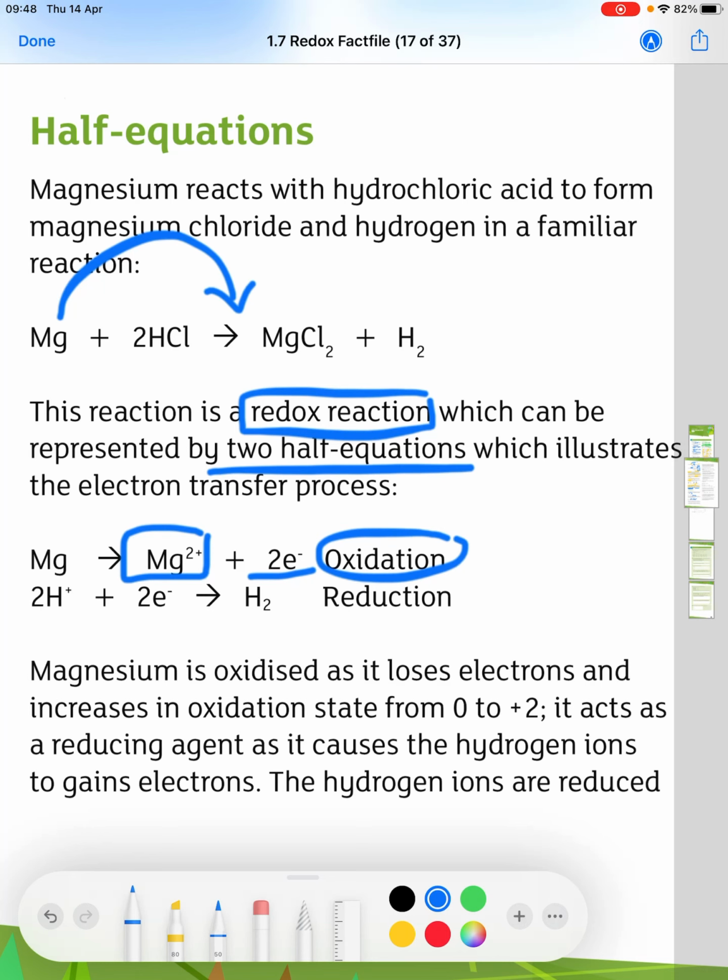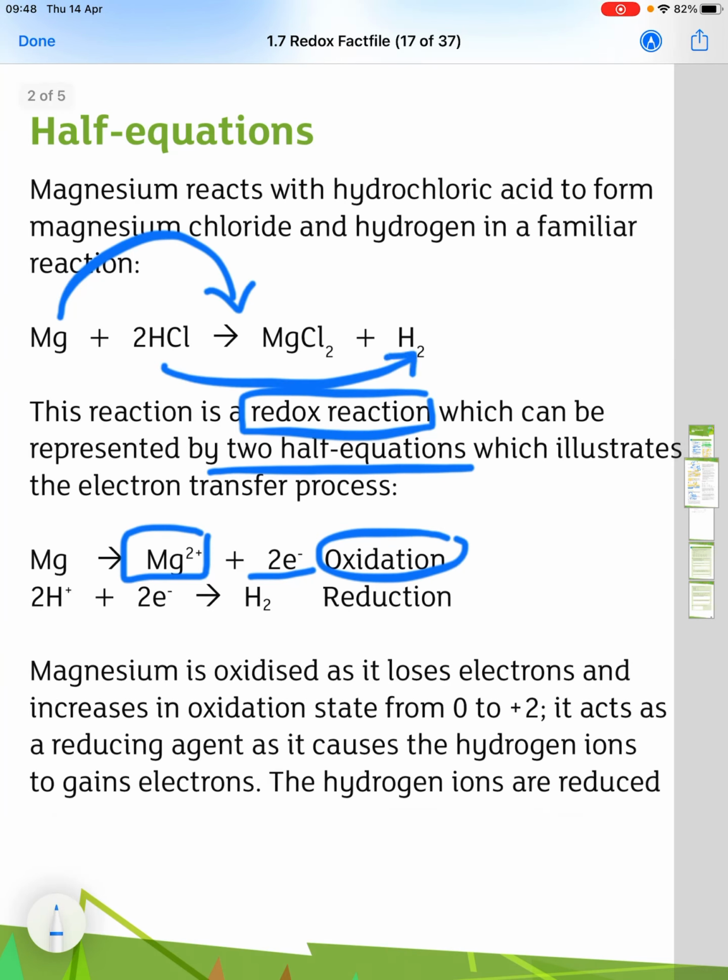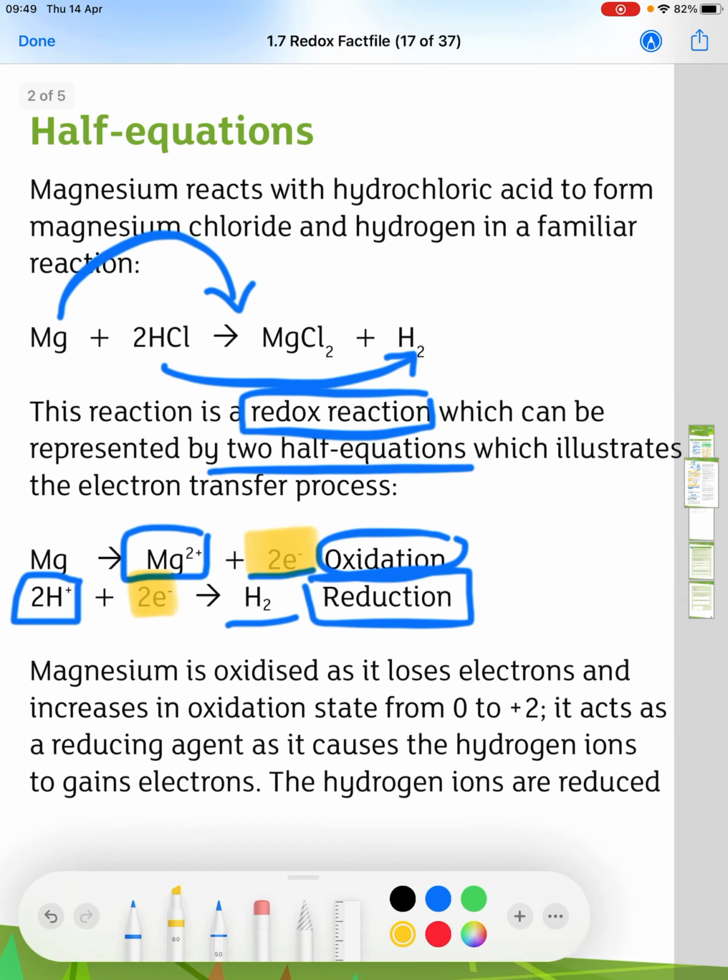And then the hydrogen, it's going from hydrogen ions to hydrogen gas, and that is reduction. And you see the electrons appear on different sides of the reaction. So in oxidation it's on the right, and in reduction it's on the left.